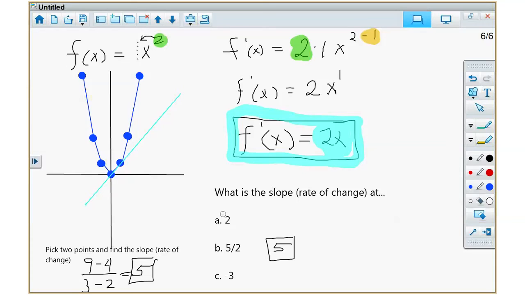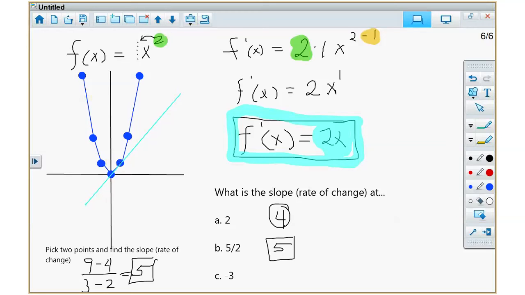Slope at 2 is what? But we measured between these 2 points and it became what? 5. See there? Every point is going to be probably different because of the curvature. And that's why it's so important to be able to do the derivative versus being able to do the algebra.